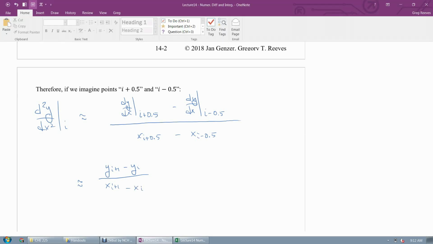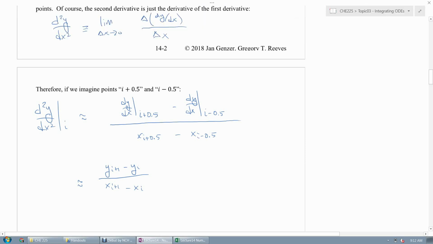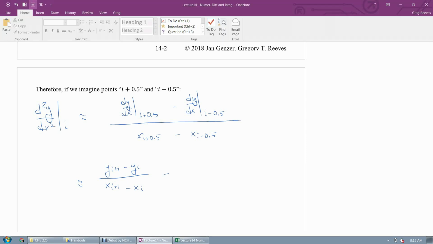So before I move on, what I've done here is I've taken this first derivative, evaluated at I plus a half, so at some imaginary point between I and I plus 1, and I've approximated the derivative using a central difference formula, because this I plus a half should be halfway in between I and I plus 1. So this is a central difference formula approximation of that evaluation of the first derivative at I plus a half. I can do the same thing, another central difference formula for dy dx evaluated at I minus a half.